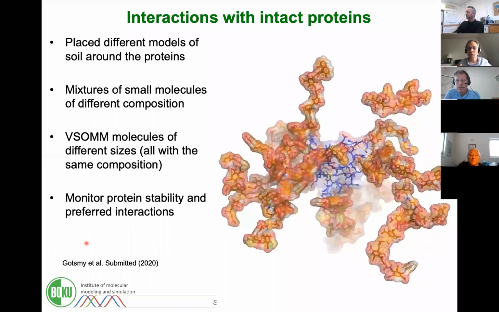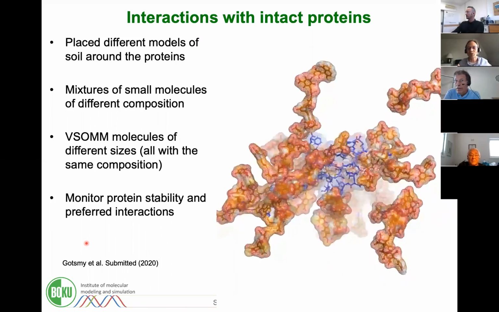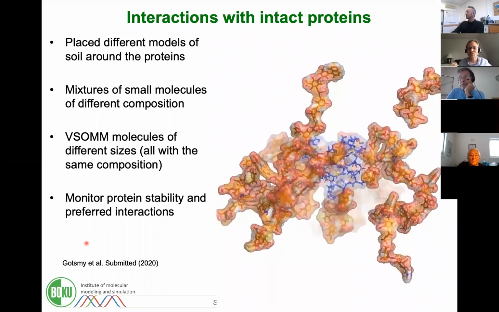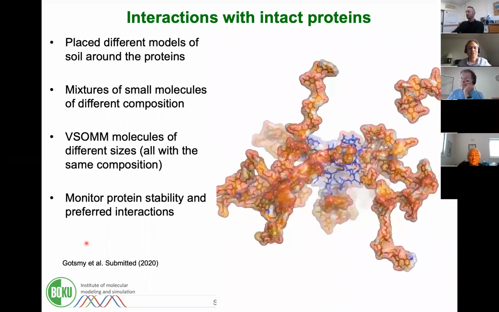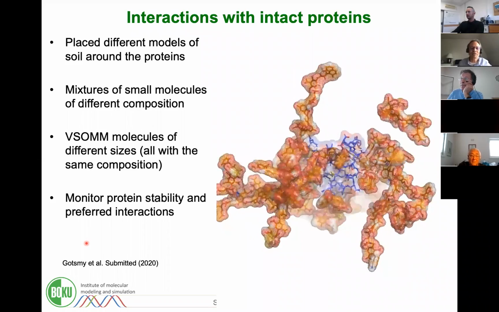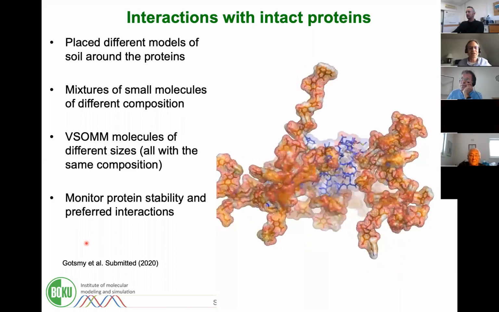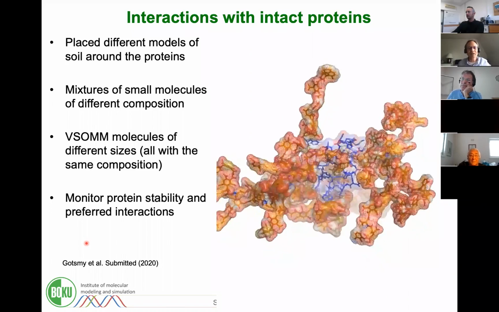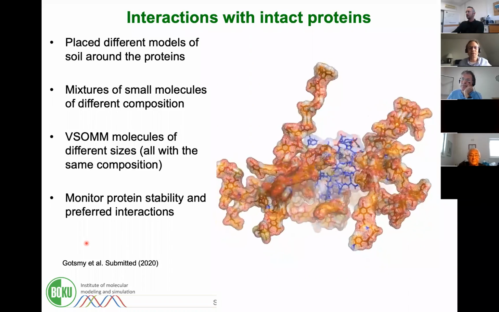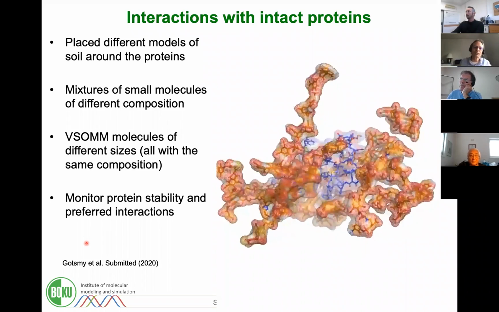And very important for us is: is the protein structure affected by this? Does the protein fall apart because of these interactions with these different kinds of molecules? Actually, they do not. The proteins seem very stable and don't change their shape very significantly. But then, of course, what we can look at is also the interactions on the surface of the protein.